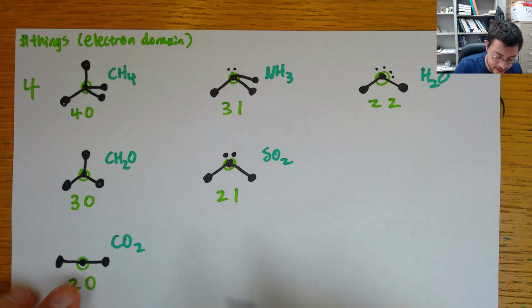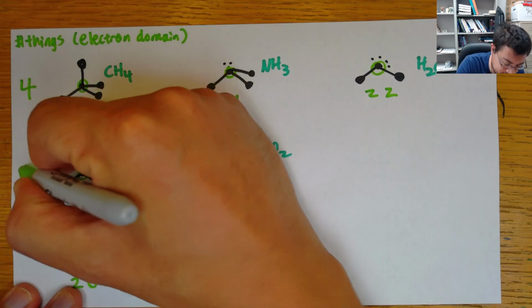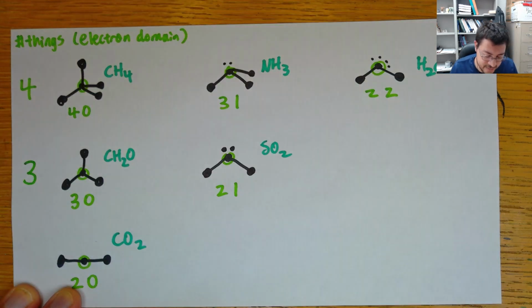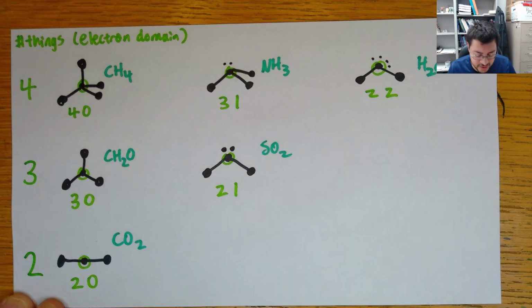All right. And if we continue that analysis, everything in this row has 3 things, 3 electron domains. 3 plus 0 is 3, 2 plus 1 is 3. And there's only one possible scenario for having 2 things, all right? A 2 plus 0 situation.